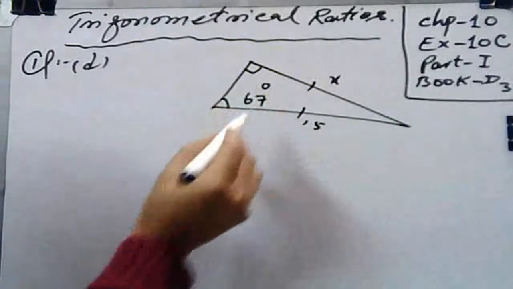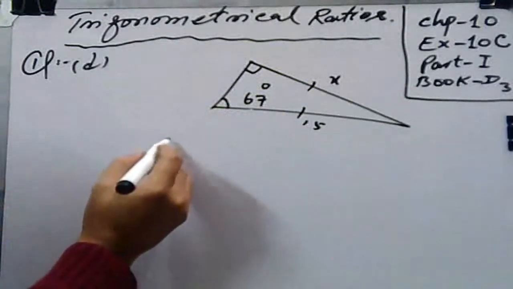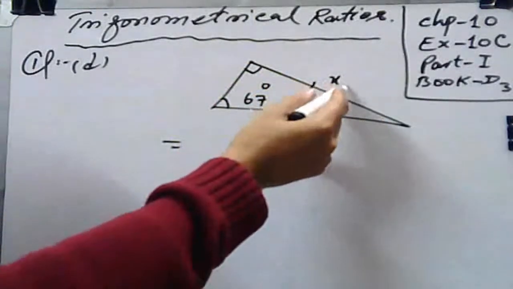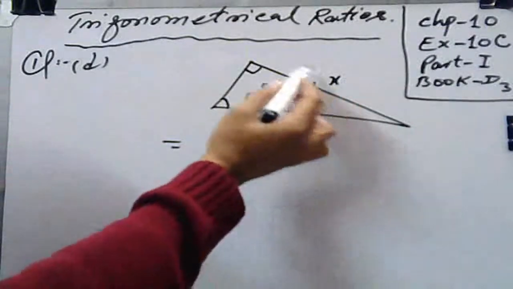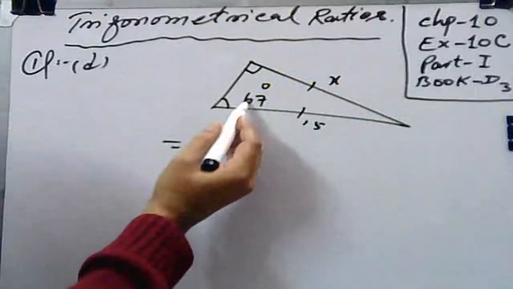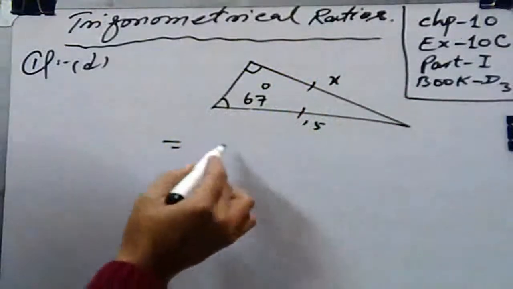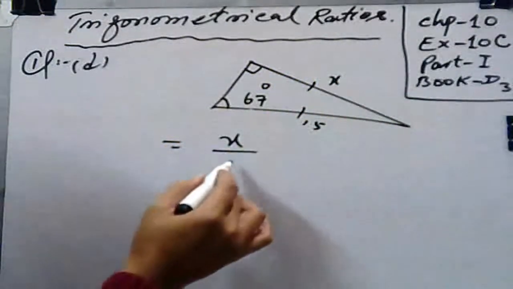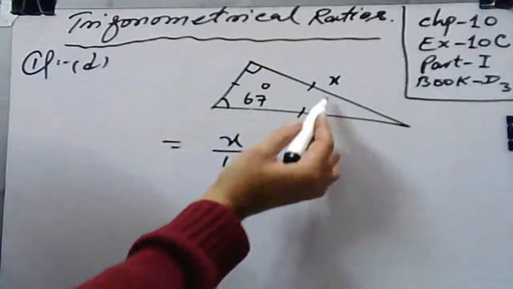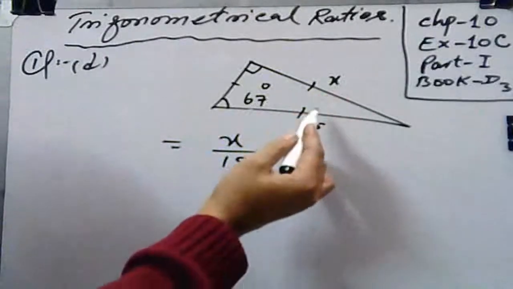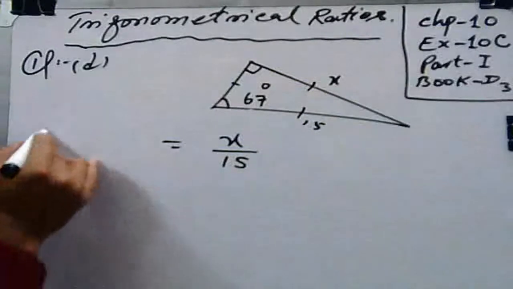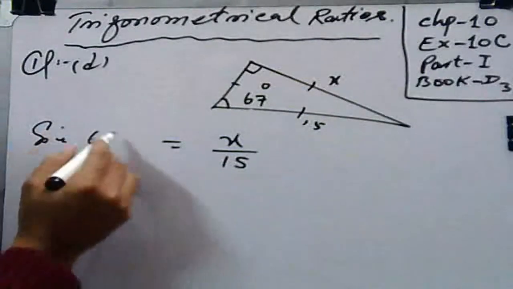So you can take the ratio, for example, known side and unknown side. Unknown is x, known is your 15. So when you take this angle, in front of it is opposite. So opposite by hypotenuse, because it is your adjacent. So opposite, that is perpendicular by hypotenuse, is known as sine. So you can take the ratio sine 67 degree.